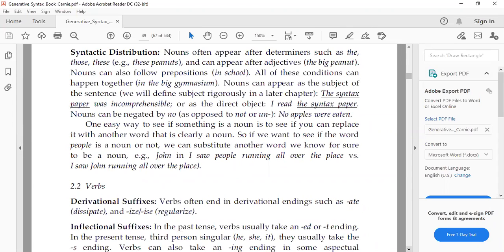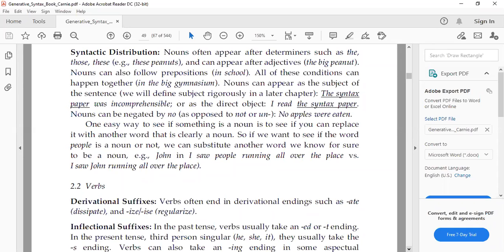Yes, Arif. All these conditions can happen all together. For example, this big car. This is a determiner, big is an adjective, and car is a noun. As we said earlier, nouns appear after determiners and adjectives.